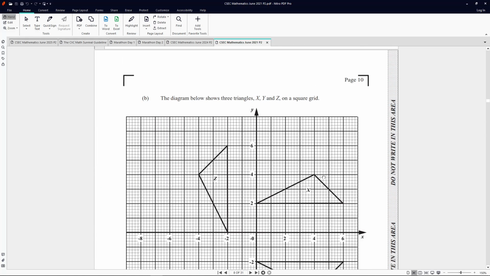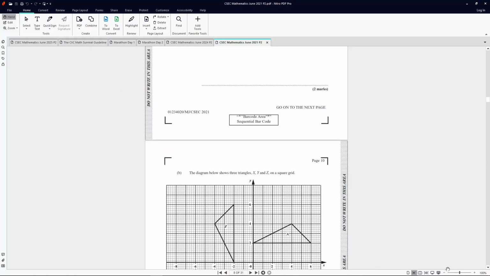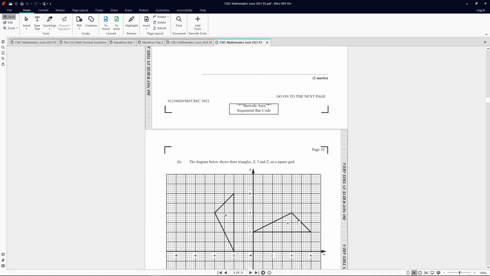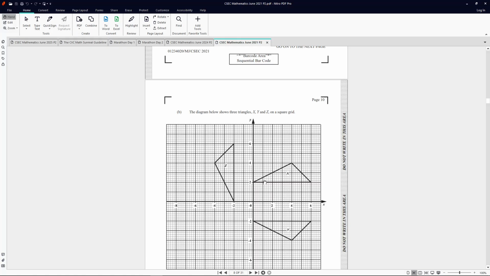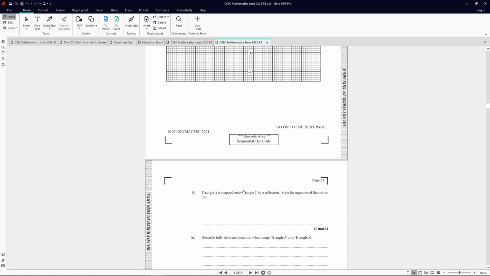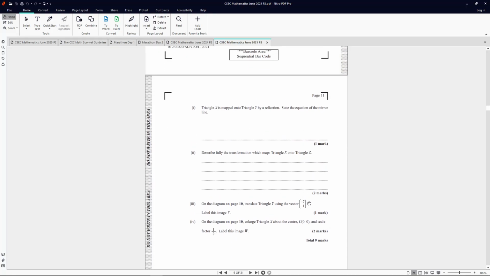Let's see. So transformation. Triangle X is mapped onto triangle Y via reflection. Alright, so these are the basic transformations.